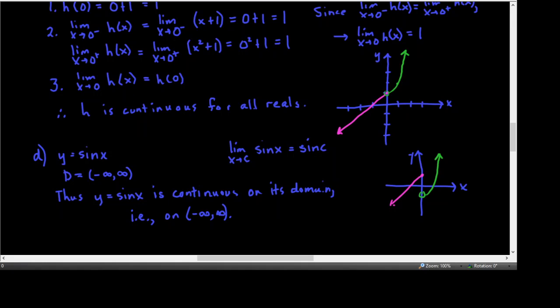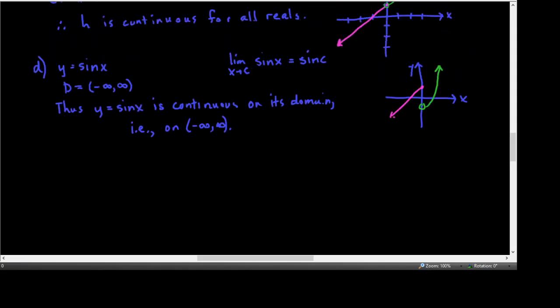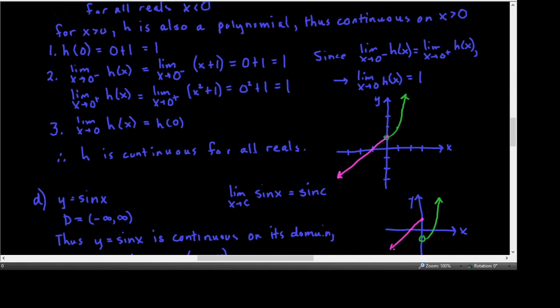Now, this was continuity on an open interval. Now we're going to talk about closed intervals. To do that, we have to first look at a one-sided limit, which I actually sort of slid in just a few minutes ago.